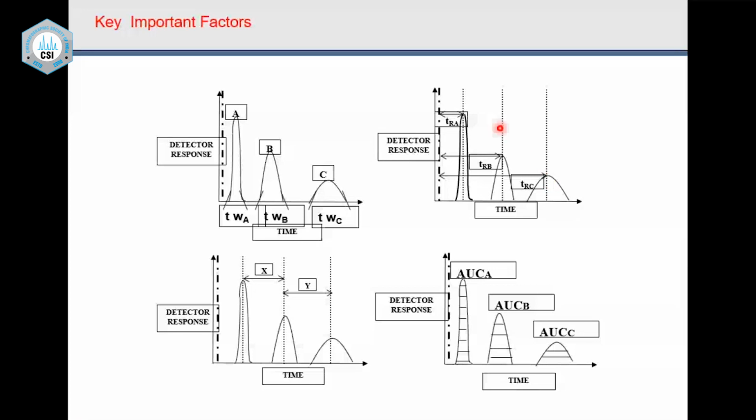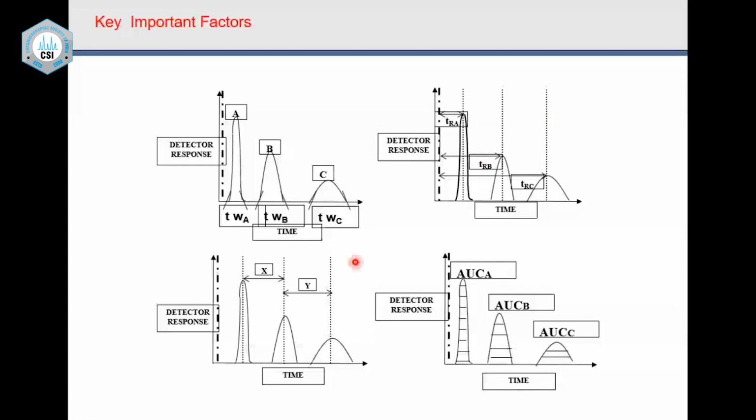Under given conditions, if one of the sample components gets eluted at this time, you may say that this compound may be present in my sample because the retention times of both are the same. So this is what we call qualitative analysis.